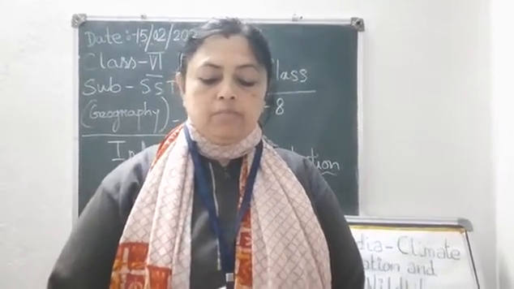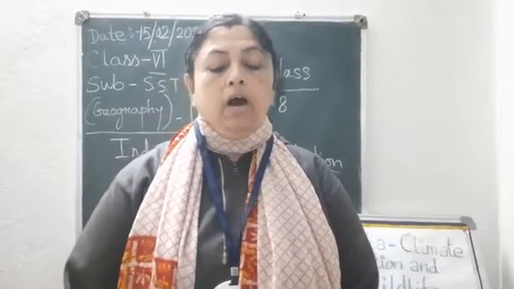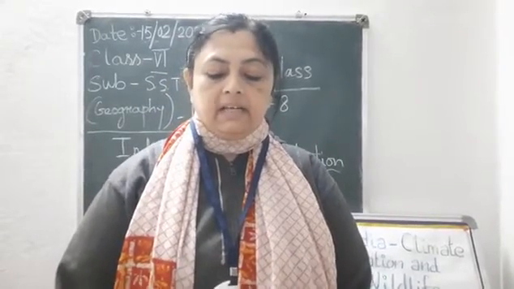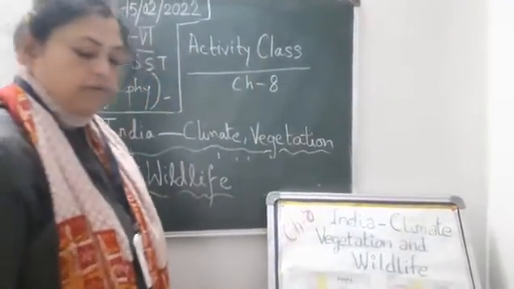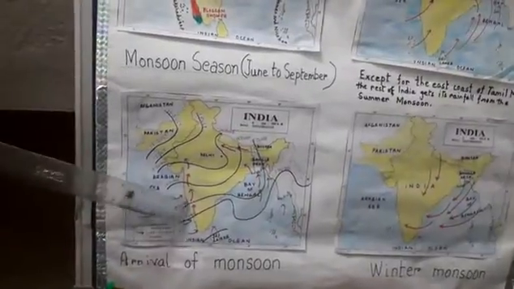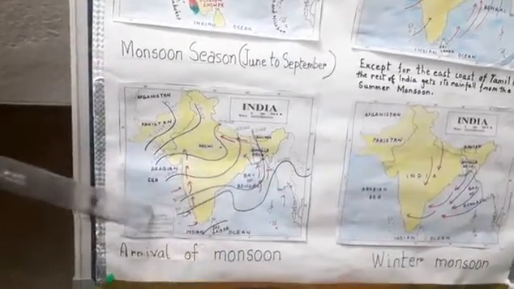It moves northwards and sheds most of its moisture on the windward side of the Western Ghats, and this results in heavy rain on the Malabar coast. Over here you see these monsoon winds in red, entering from the sea.